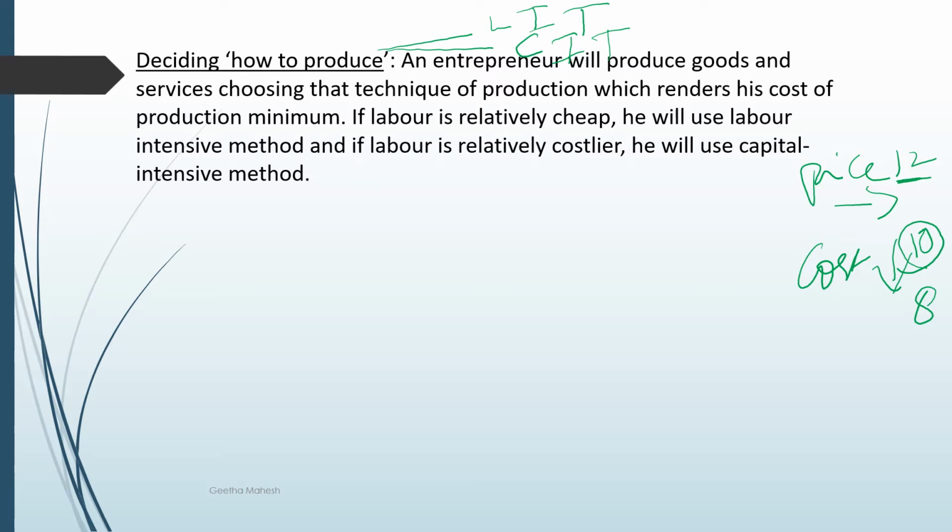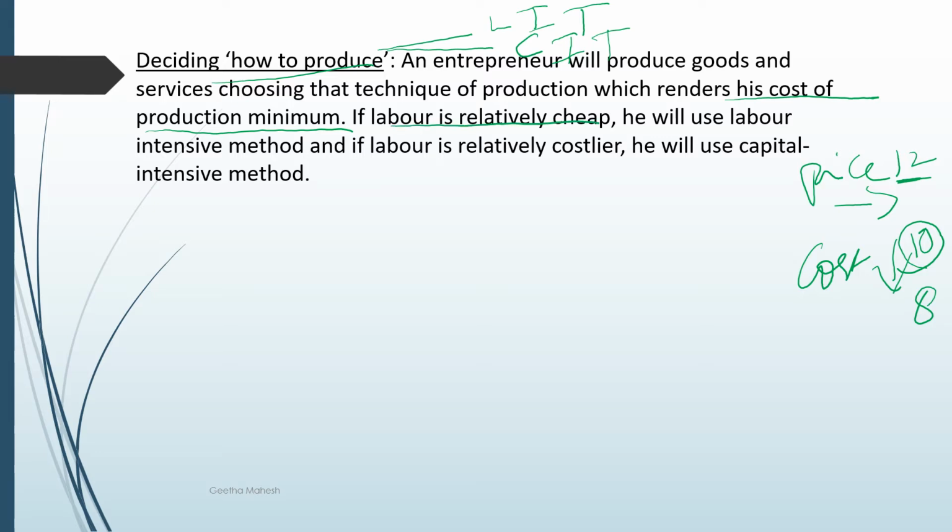When you have two types of technology, the economy has to decide how they have to produce goods and services. So they choose that type of technology which reduces the cost of production. So his cost of production should be minimum. Such type of technology they are going to use.